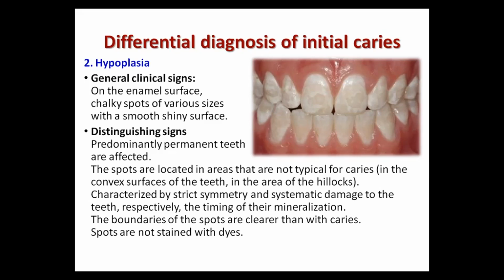And as for distinguishing signs, during hypoplasia only permanent teeth are affected. The spots are located in the areas that are not typical for caries, in the convex surface of the tooth, in the area of hillocks, and characterized by strict symmetry and systematic damage to the teeth, respectively the timing of their mineralization. The boundaries of the spots are clearer than with caries, and also spots are not stained with dyes.